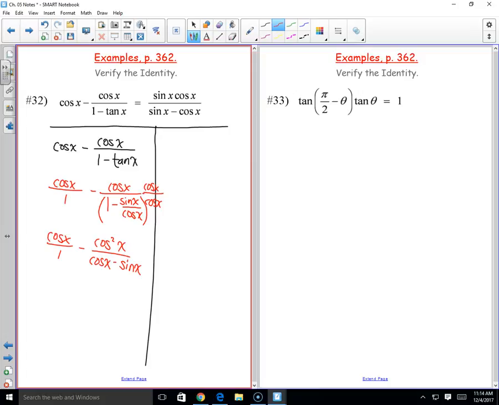Okay, now what? Hey, it's looking kind of nice. Can I get this looking better? Denominator. What can I do to that to make it look like that? I mean, we still have to do common denominators, but what can I do to this? Yeah, can't I pull out a negative? Switch the signs? Yes. If I multiply that by a negative, it'll be minus cosine.